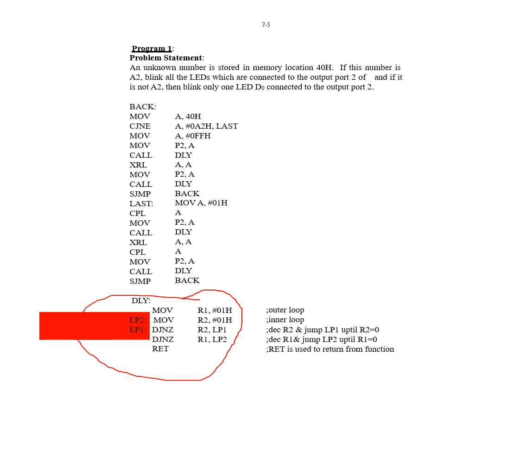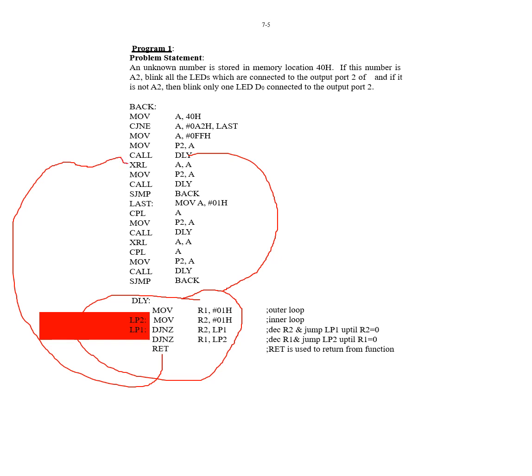If they are equal, it will come here. What you are doing? FF goes to A, then to P2, so P2 will now be FF. So to the port you send FF. Call delay means immediately it will go here. After completing this, return is there. So after a certain delay, it will come here.